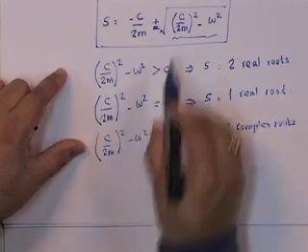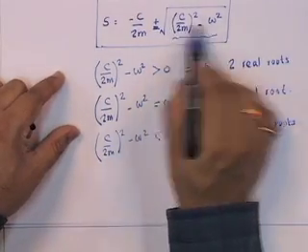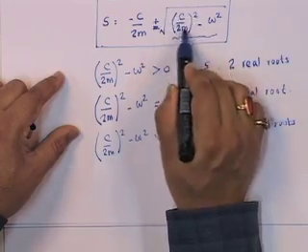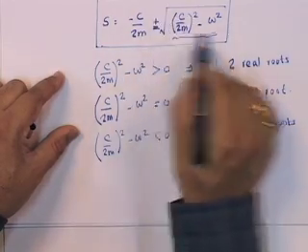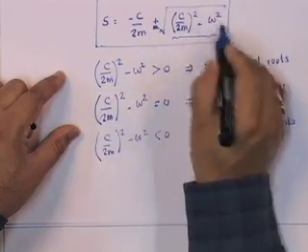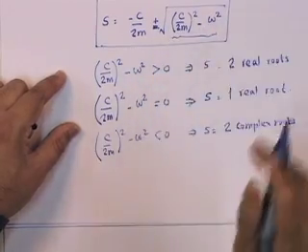Why? Because if this is less than 0, then this becomes a negative number, and square root of a negative number will become i times the square root of omega squared minus c upon 2m whole squared.